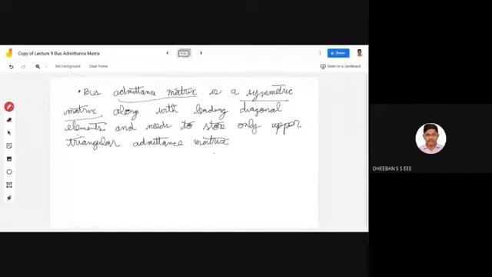Symmetrical in the sense that if there is a quantity Y12, between the first bus and second bus, then Y12 will be equal to Y21, and hence the values will be mirrored, for maintaining the symmetry property.